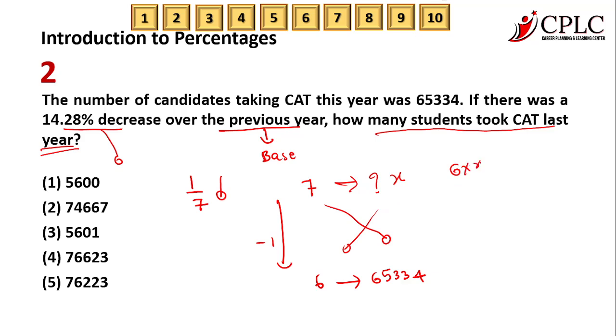So 6 into x is equal to 7 into 65334. If I find out x, it becomes 7 into 65334 divided by 6. And you will have your answer after all the calculation. I think it is 76223, which is answer option 5.